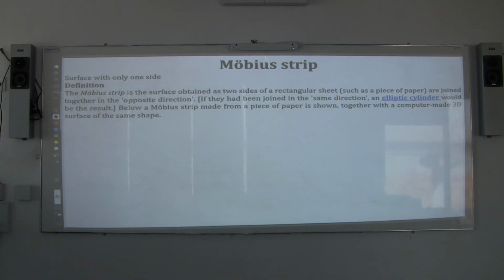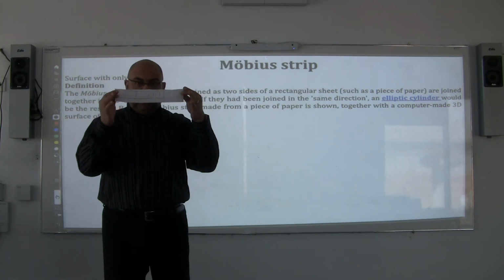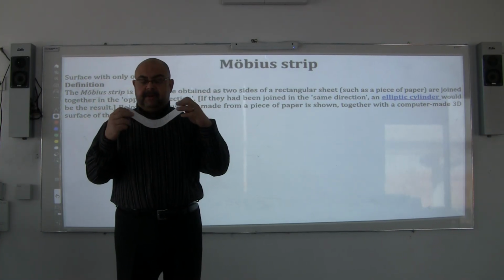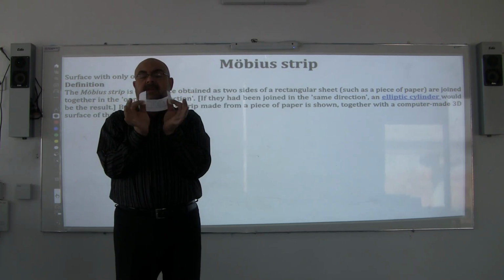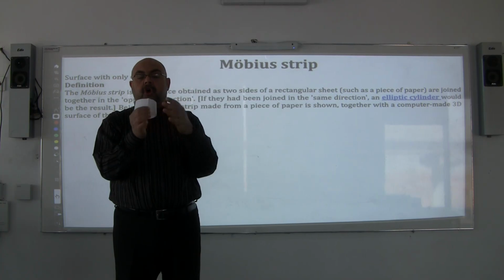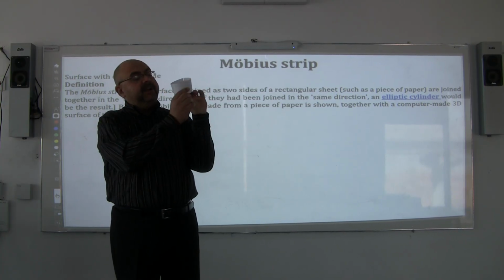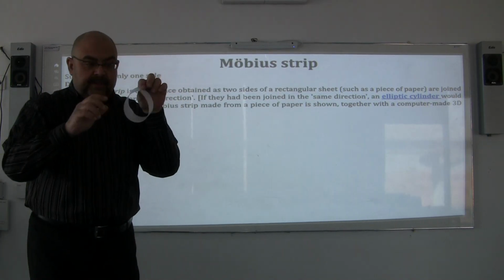I believe now it will make much more sense. So if you have a strip of paper like this, and you try to connect it to be a belt, you will move it like this. So it's going to be a part of a cylinder, as you can see.